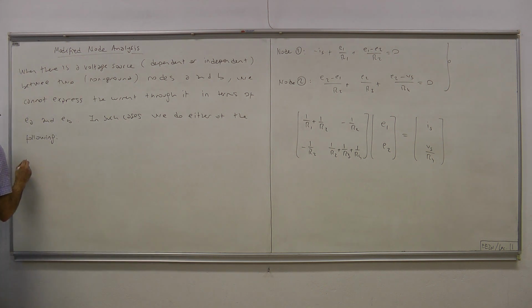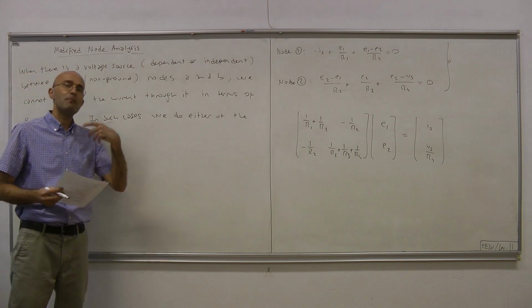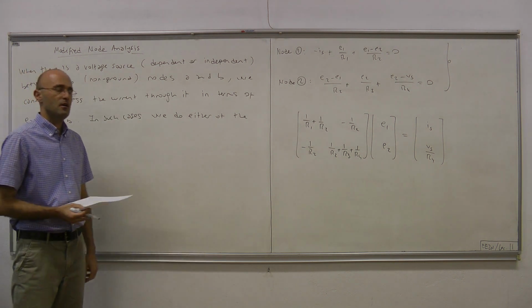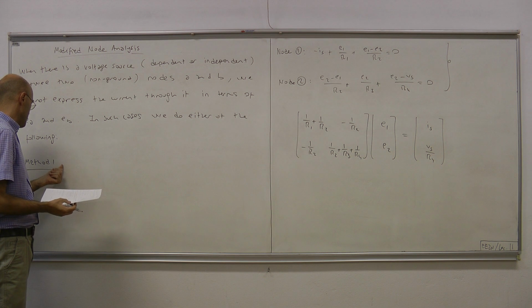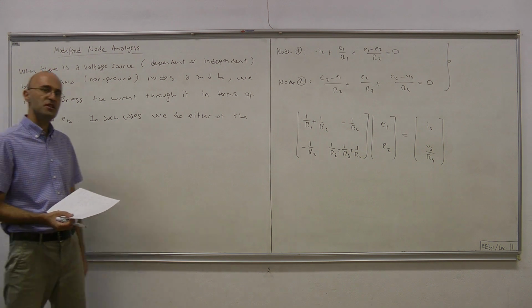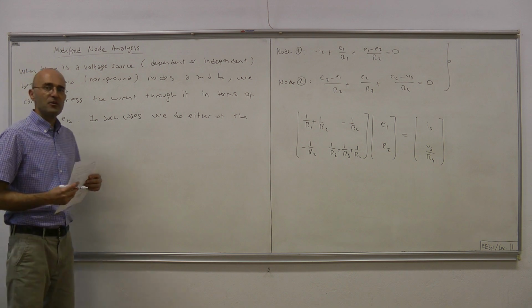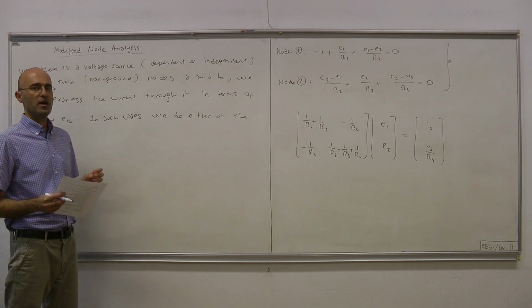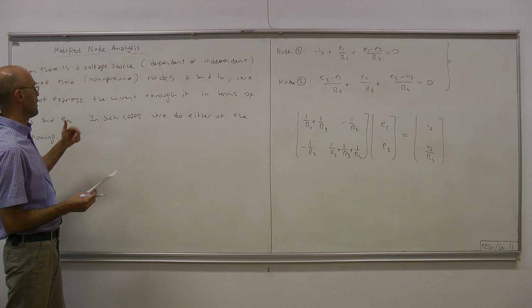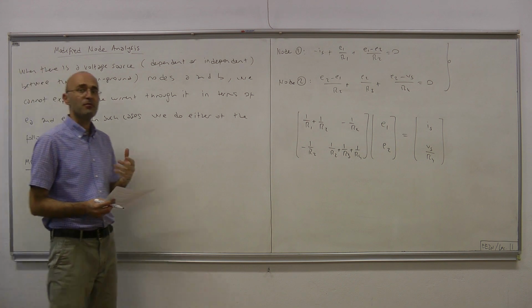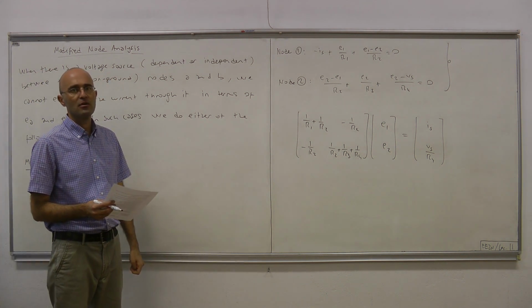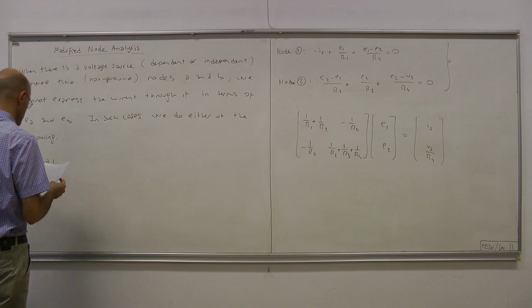So this is method 1, and then there's a better method which is just a slight improvement over method 1, which we will see next. Okay. Method 1 is augmenting or increasing the number of unknowns by introducing the current, which you cannot express as one of your formulation variables. Okay. So that's our method 1.